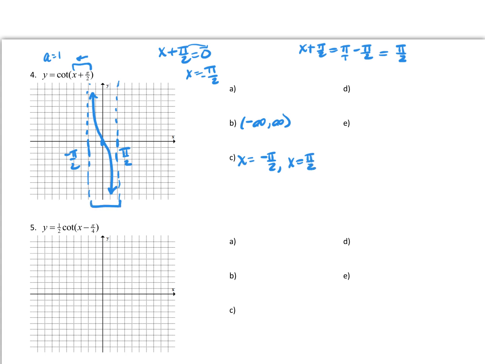Okay, if you look at our period, half and a half makes a whole, but you can do it by formula if you want, if you recognize that b is 1, so pi over 1 is pi. Vertical asymptotes, I'm going to take pi over 2 and add n pi's. Remember, our period dictates that, and then this dictates our domain. We would say all reals except where x is equal to pi over 2 plus n pi.